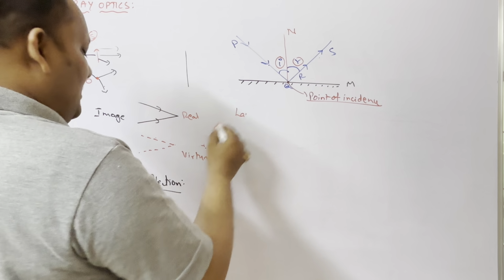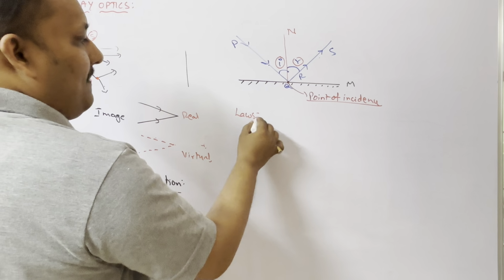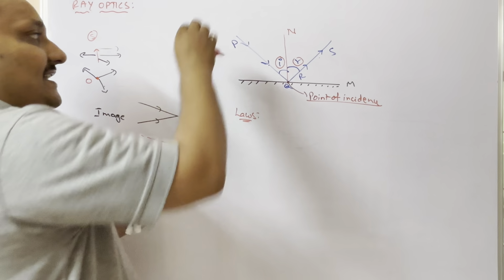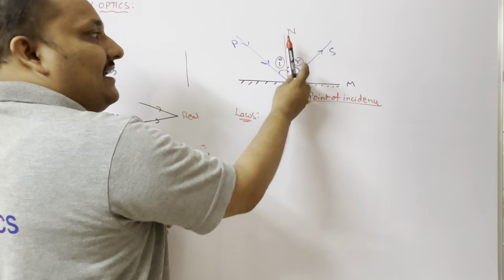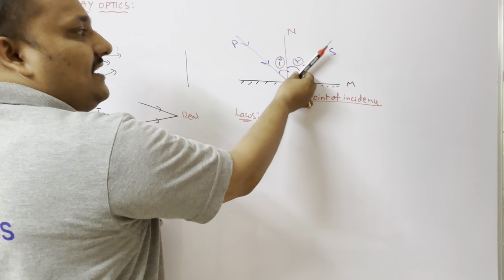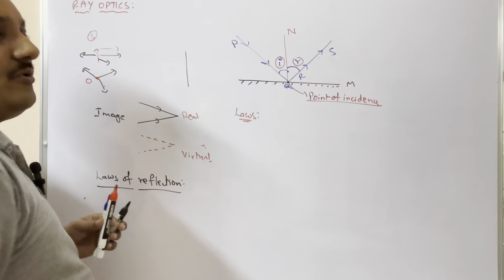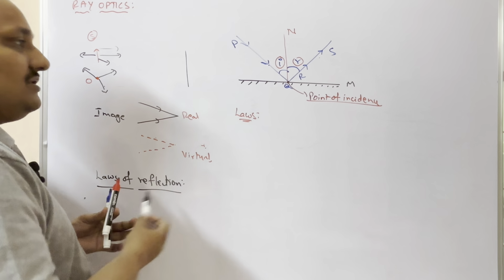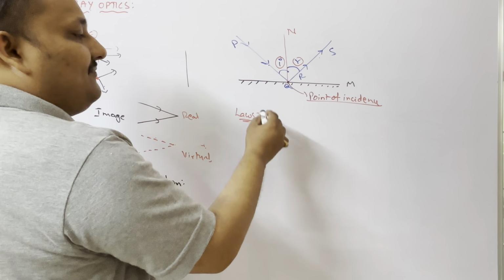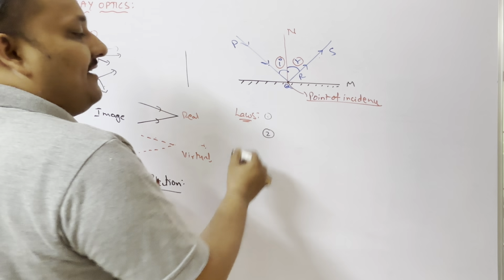What are the laws of reflection? The incident ray, reflected ray and normal, these three are in the same plane. All these three will be in the plane of the board, the xy plane. Therefore, those three will be in the same plane. That is the first law. Next, the second law is very important.